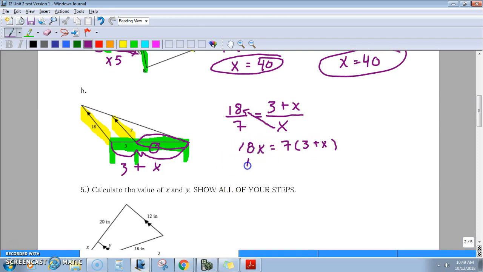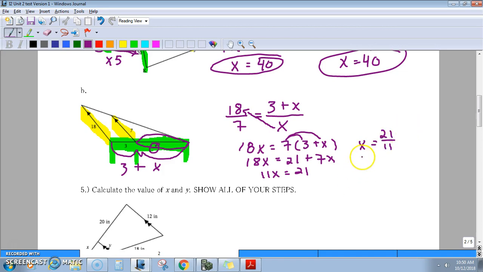So this becomes 18x equals 7 times 3 is 21 plus 7 times x is 7x. Now subtract 7x from both sides, and we get 11x equals 21. Then divide both sides by 11, and we get 21 divided by 11.